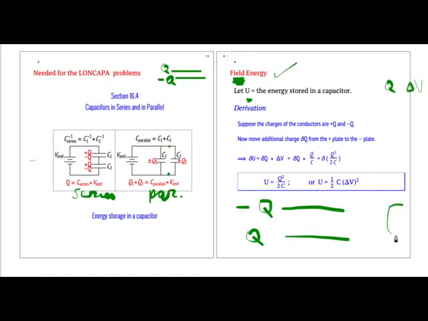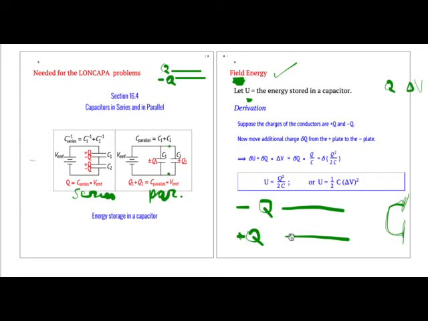This is C. Suppose it has charges plus Q below and minus Q above. You could do it either way.